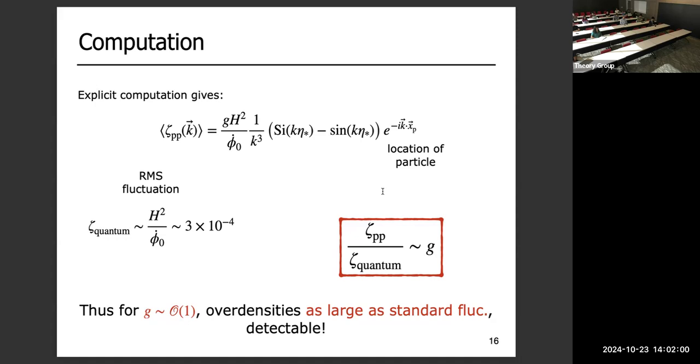But what you would expect naively is, if particle production is happening, the modes that are of the size of the horizon would feel the effect, because they know causally that there is something non-trivial going on within that horizon. So you would expect when k eta star is of the order of 1 there is some non-trivial effect, and this function is order 1 when k eta star is order 1. So, yeah.